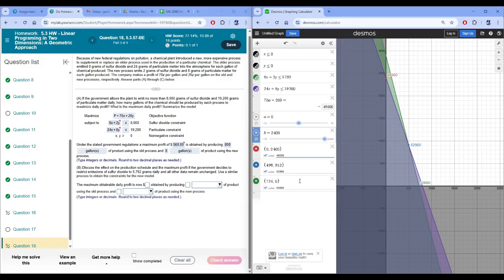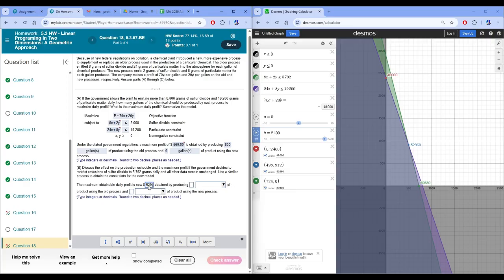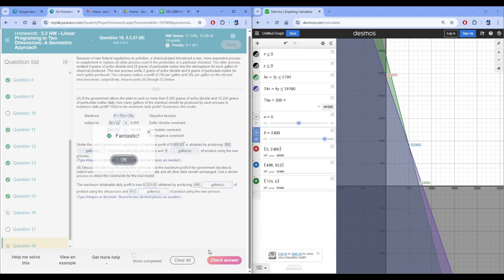So now the maximum I can attain is $529.60, you sneaky people, by producing 496 gallons of the old process and 912 gallons of the new process.